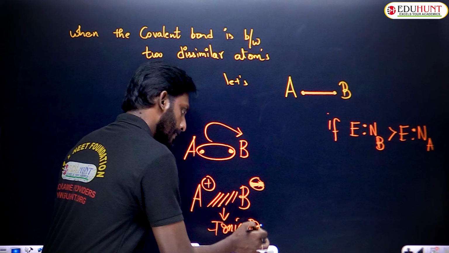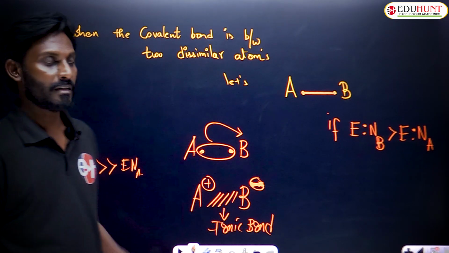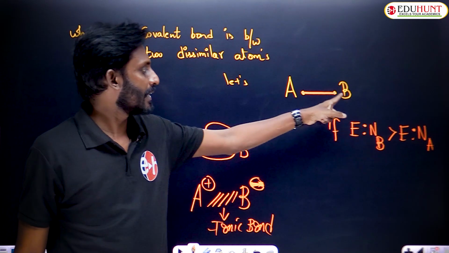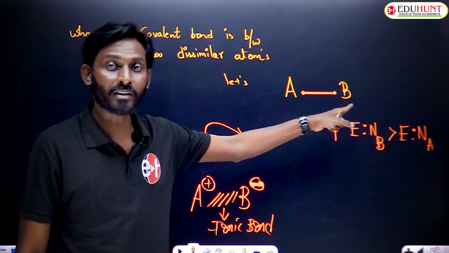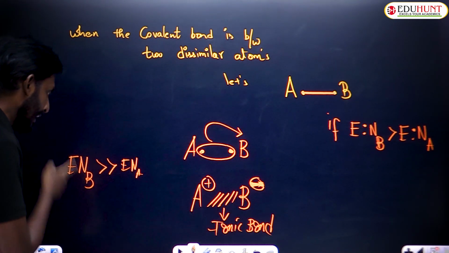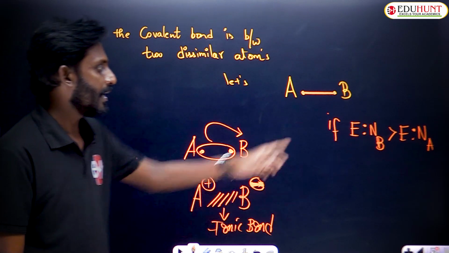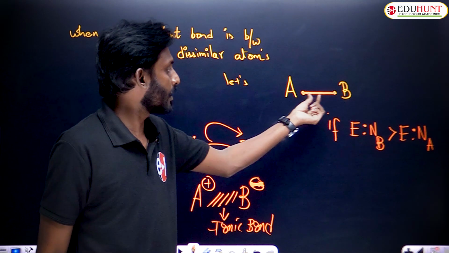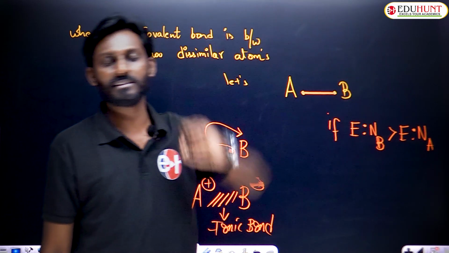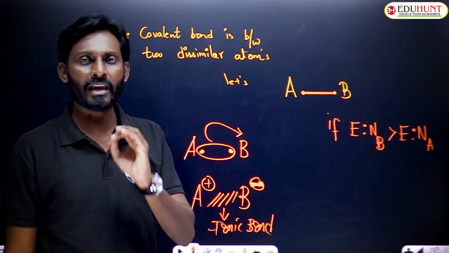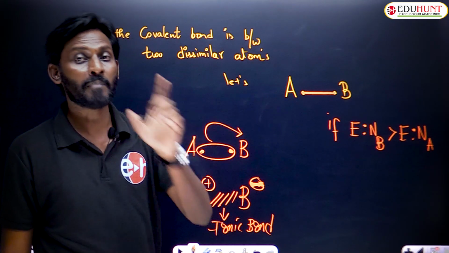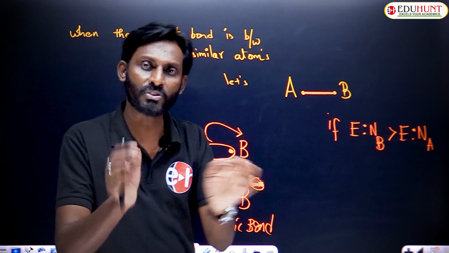You know that bond. Now here in this case, the electronegativity of B is not that high. It is just high. It is not high enough to pull the total pair towards itself. It's just a case where electronegativity of B is more than A, but the electron pair is still in sharing.